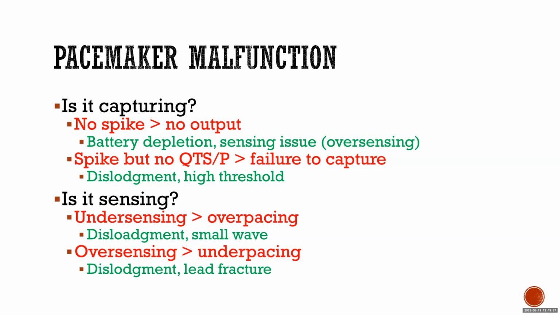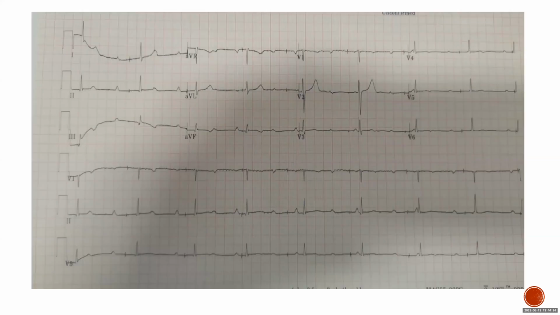It thinks that there is enough ventricular activation, but actually it's sensing the atrial activation because it dislodged. Or if there is a lead fracture, the fracture causes artifact, and this artifact can be sensed as intrinsic activity. Okay. Are you guys confused yet? We'll go through an example to make it clear. So take a minute to look at this and tell me what you think.